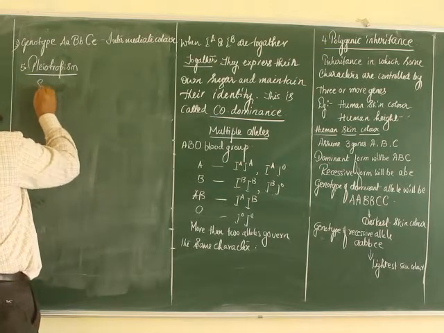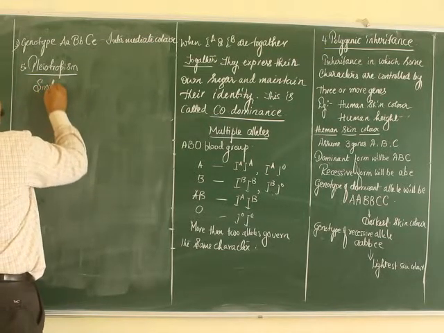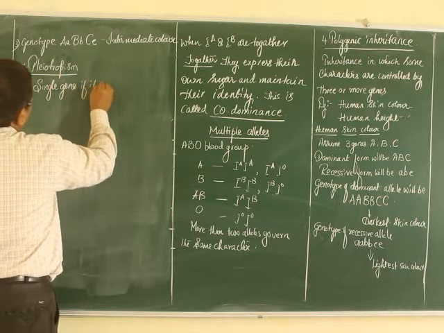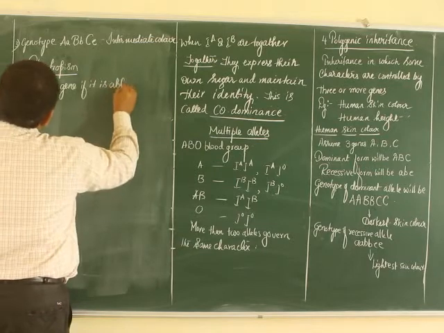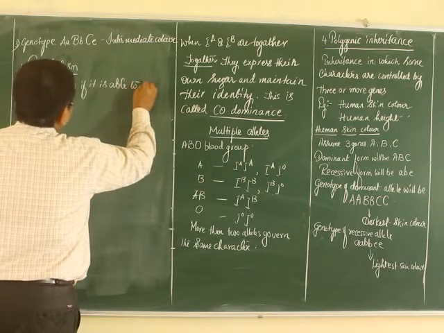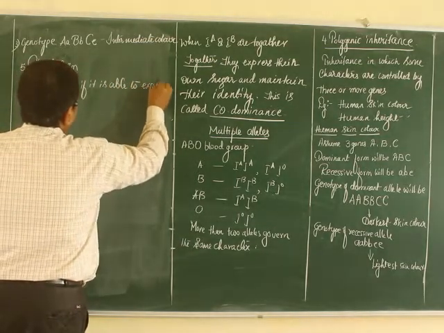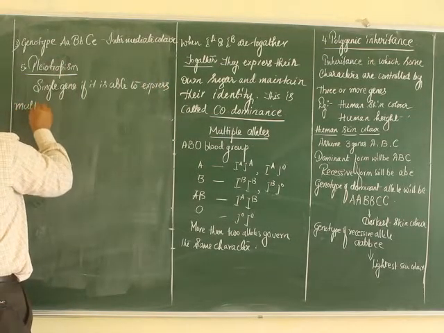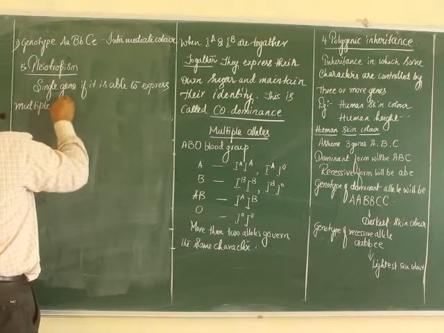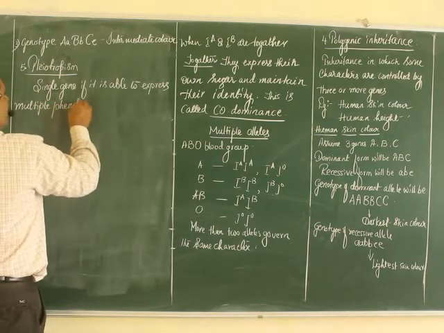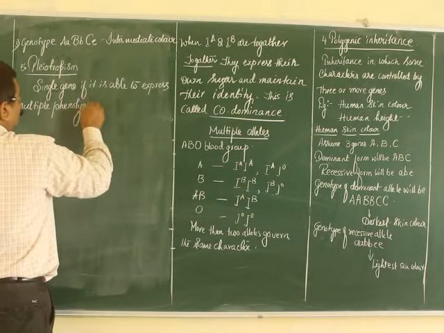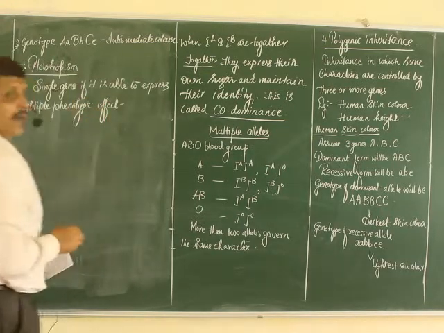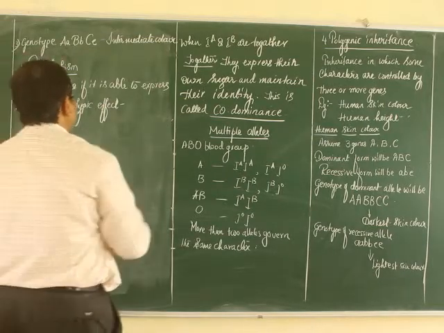If one gene is able to express multiple phenotypic effects, then it is called a pleiotropic gene.